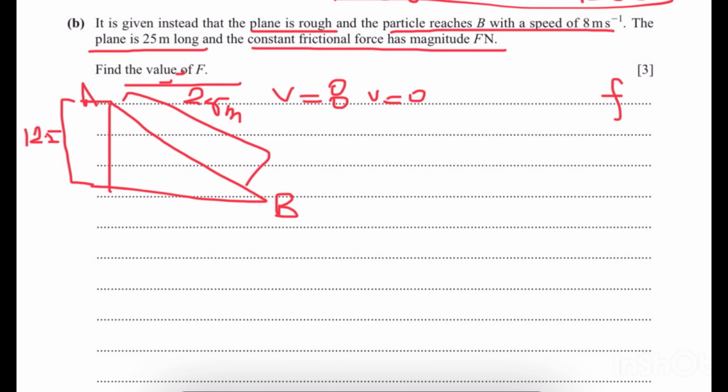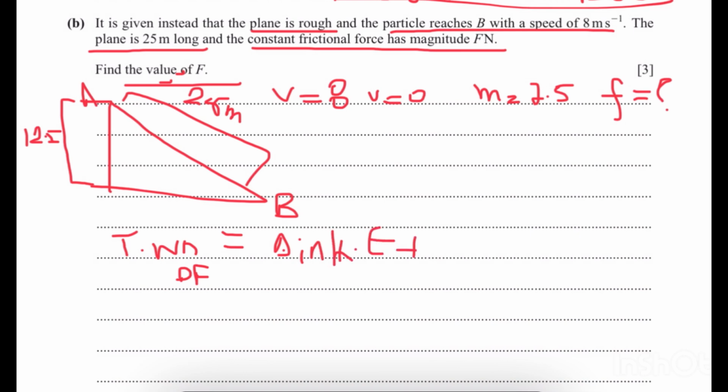And we know that the mass is equal to 7.5. To find the force of friction, which we don't know right now, we can use the method again. The total work done by the driving force is equal to the change in kinetic energy plus the change in potential energy plus the work done against friction.